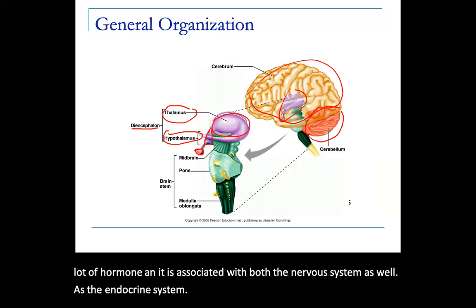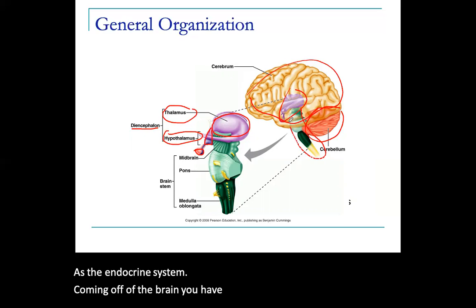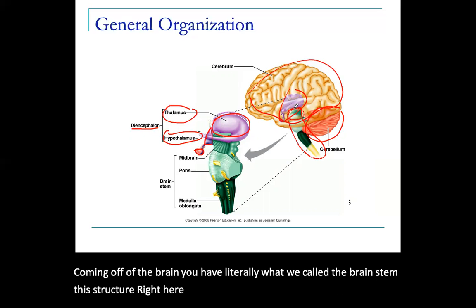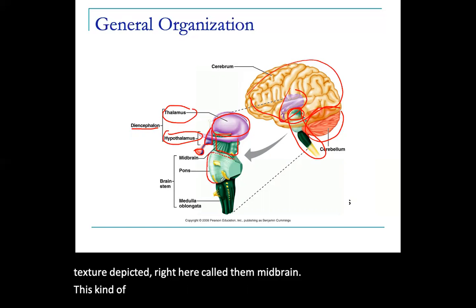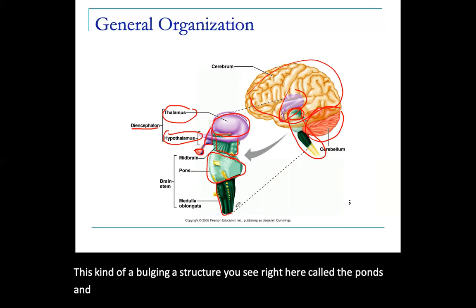Coming off of the brain, you have what we call the brain stem. This structure right here is 3 sections, one right here, which is the same texture depicted right here, called the midbrain. This kind of bulging structure you see right here is called the pons. And then the extension of that is the medulla oblongata, which continues to become the spinal cord.